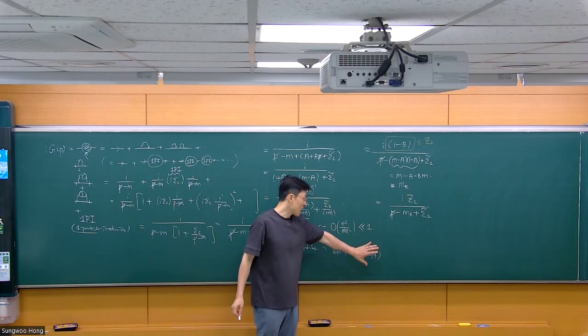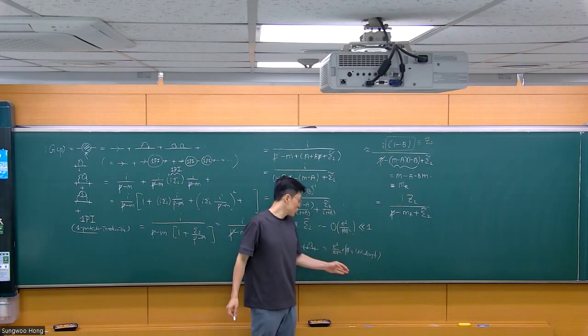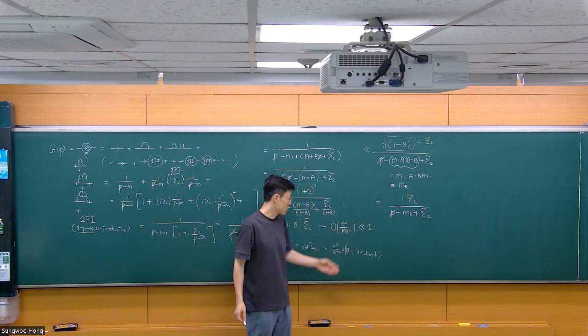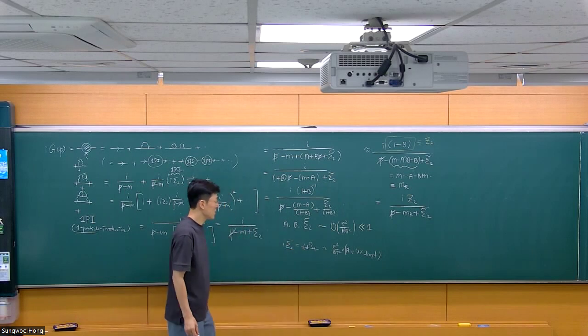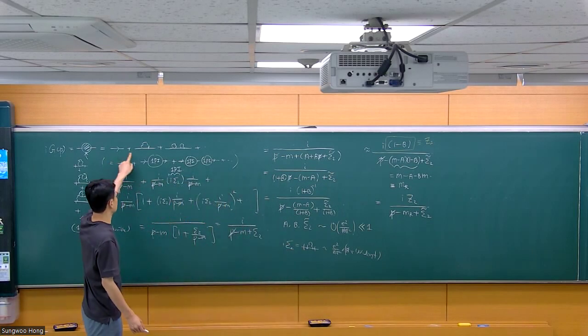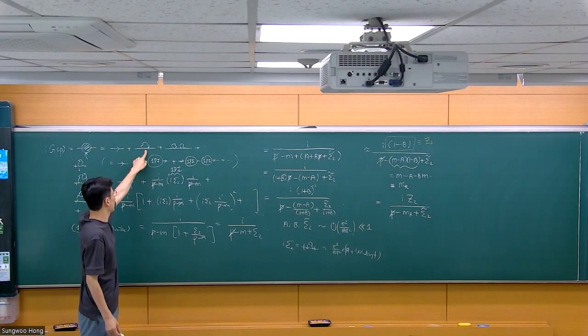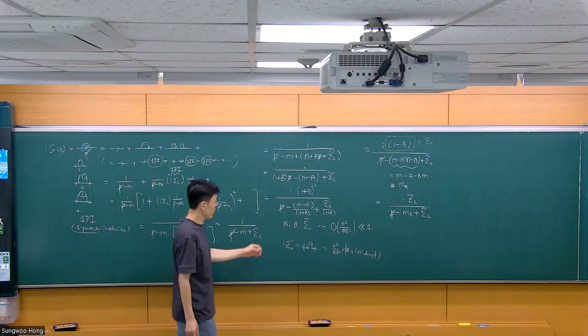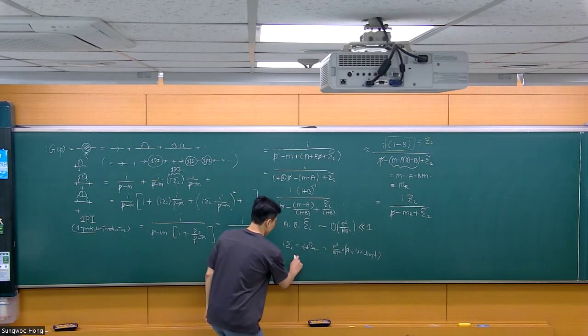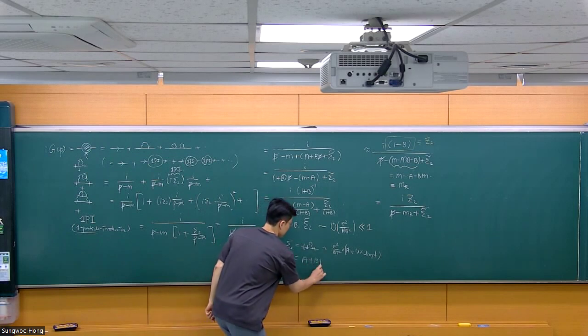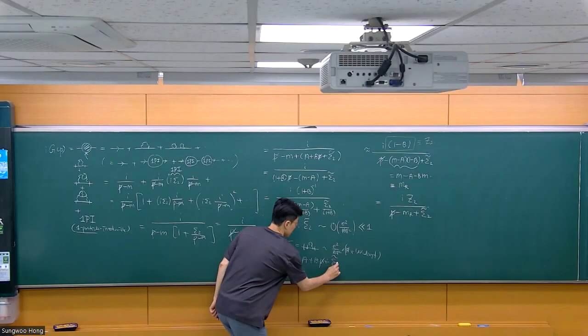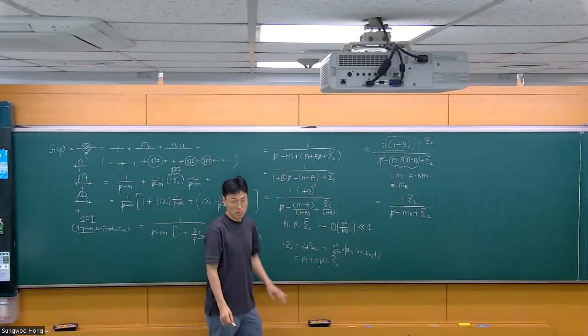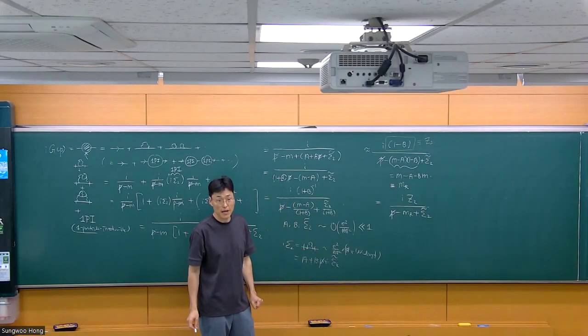So generically, once I successfully get rid of UV divergences, it should go with the order of this. Hence, it is much suppressed. So that is basically the statement that this theory is perturbative. This should be bigger than that, and this should be bigger than that, and so on and so forth. So all these A, B, sigma 2, which came from a single object, are all perturbatively small. That's why I said. Okay, good.